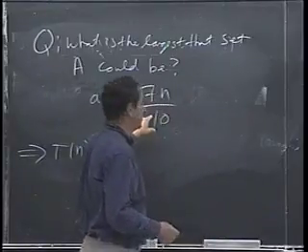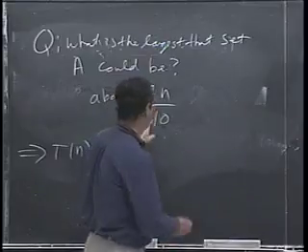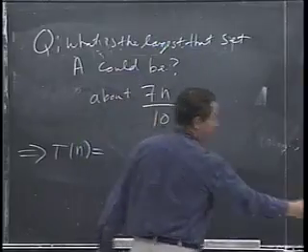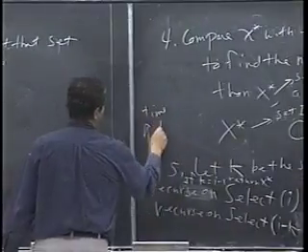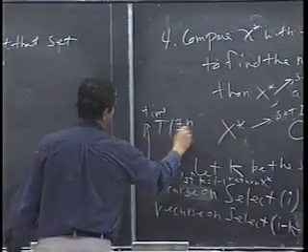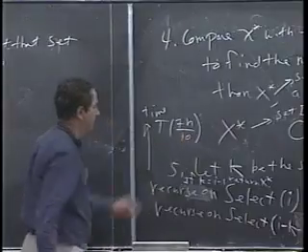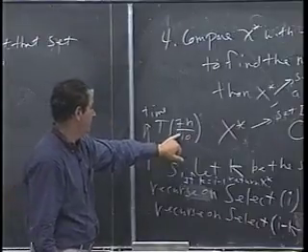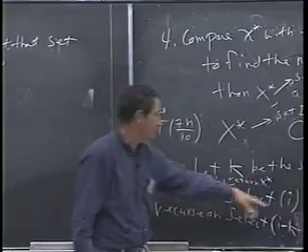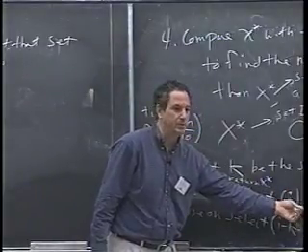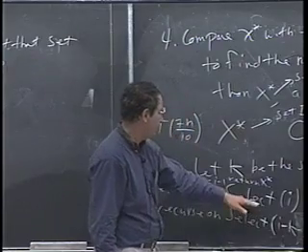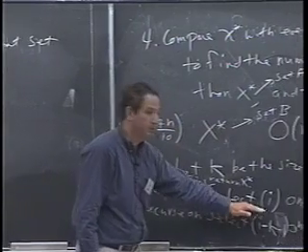Well, that's the size of the set. Yeah, so this takes time. So step 5 takes time T of 7n over 10, because that is the biggest that the set could be. And the analysis for B was the same as the analysis for A. That's the biggest that set could be when we do this recursive call.